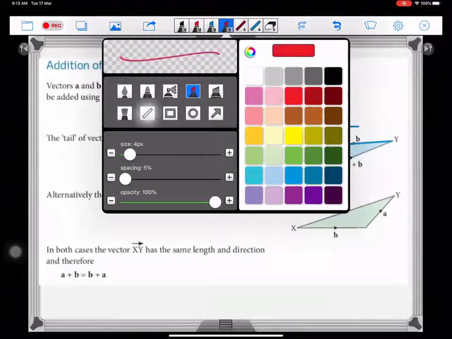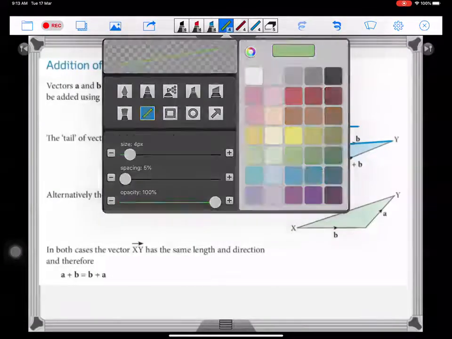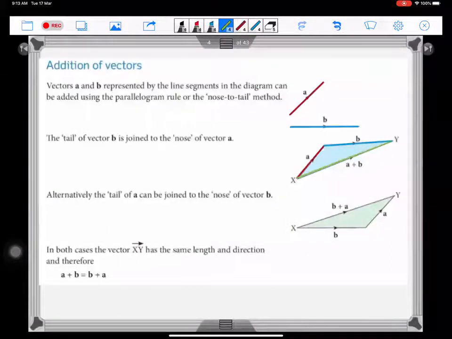That is A plus B. So that's how you add the vectors. Similarly, I could have first drawn B and then drawn A. The resultant, the final vector, the shortcut from X to Y will be the same.